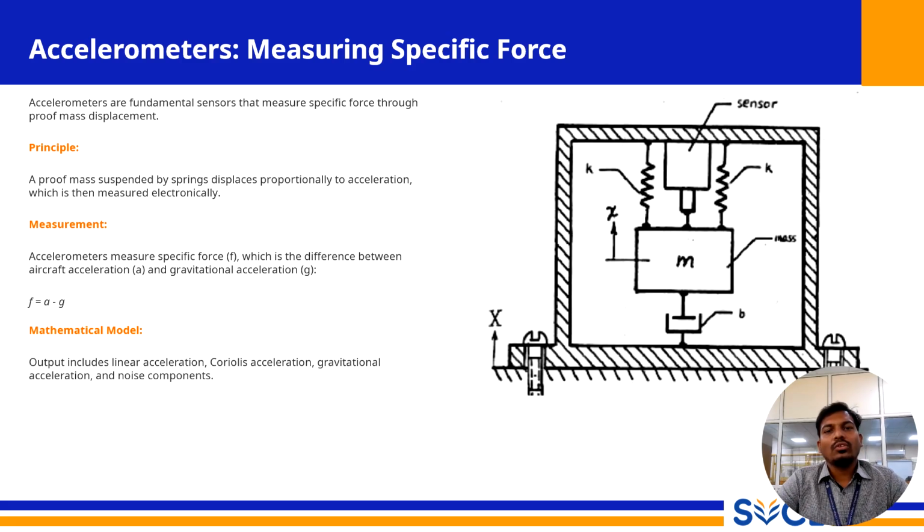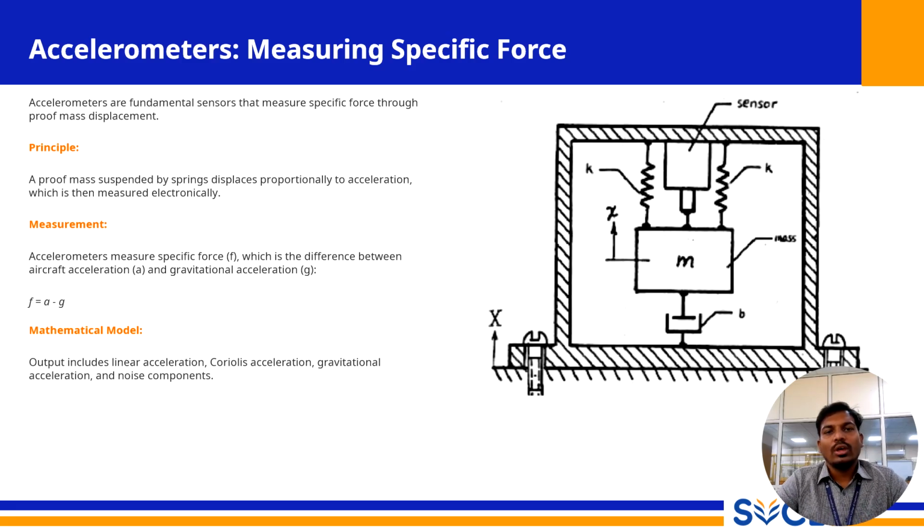Instead, accelerometers measure specific force, F. The specific force is the difference between the aircraft acceleration A and the gravitational acceleration G, which can be expressed by the equation F = A - G. This is a critical distinction.